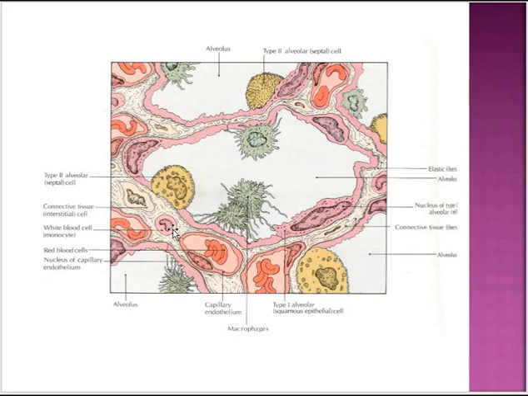Here we can find monocytes, then alveolar macrophages, which are called dust cells, and here you can see these macrophages, which phagocytose not only particulate matter and microorganisms that gain access to the alveoli with the inhaled air, but also surfactant to ensure a constant exchange of old for newly formed surfactant.